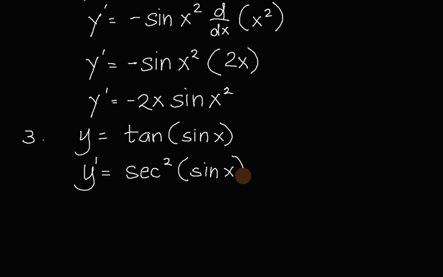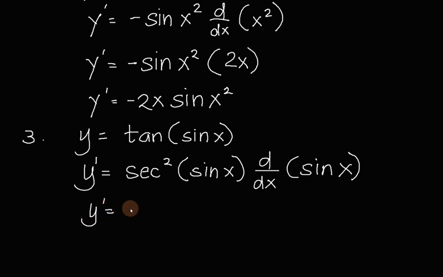Then we find the derivative of the inner function, sine x. And that is y prime equals secant squared of sine x times the derivative of sine x, which is cosine x.